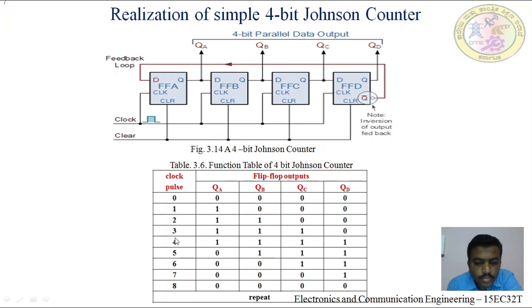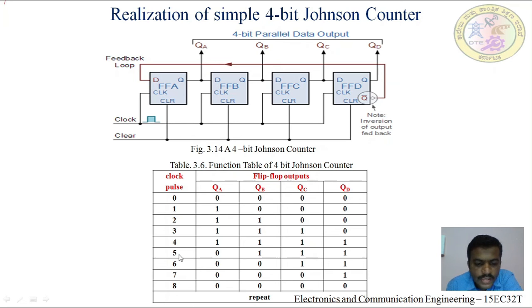When the fourth clock pulse is applied, the outputs of all the four flip-flops will be set. Hence, QA equal to QB equal to QC equal to QD equal to binary 1. Now we have QD equal to binary 1 and QD bar will be equal to binary 0. This binary 0 is fed back to the data input of the first flip-flop.